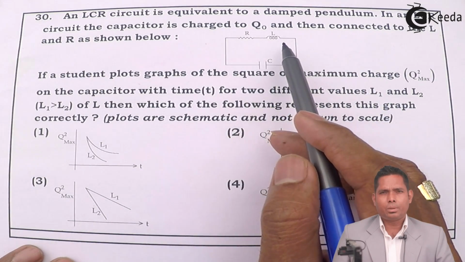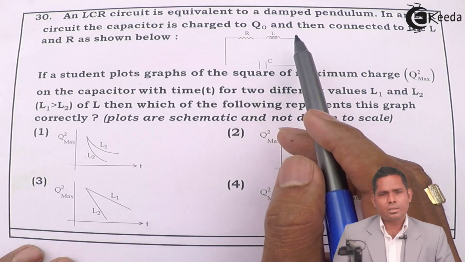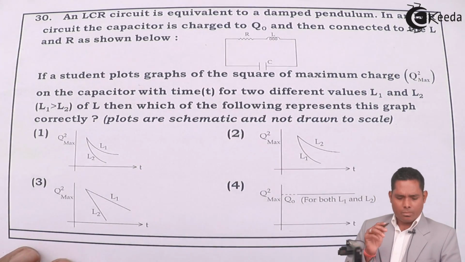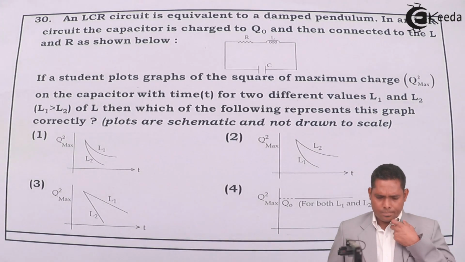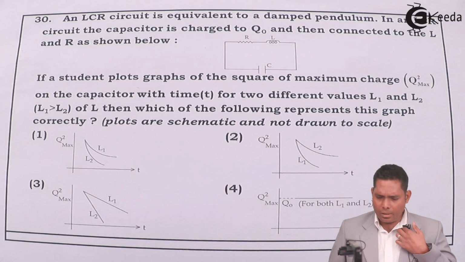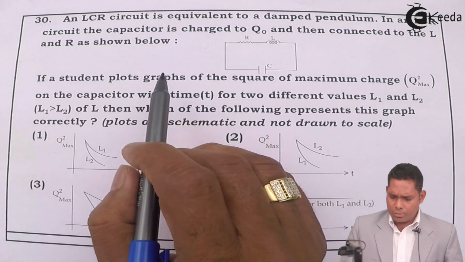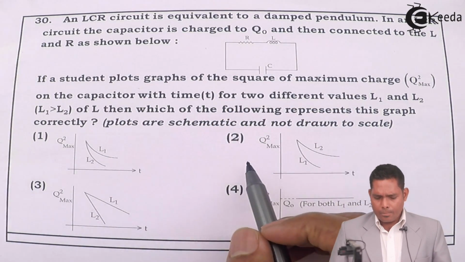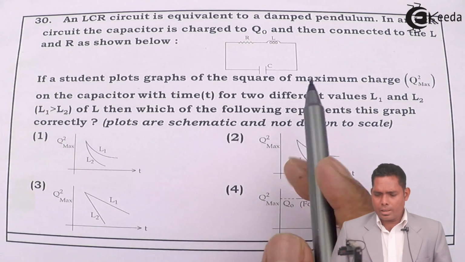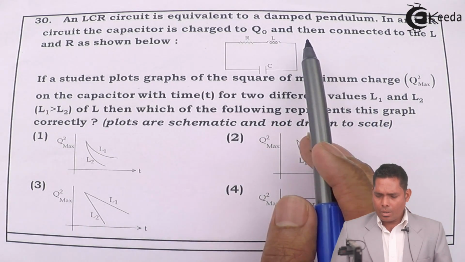But because of the air resistance, the motion of the pendulum comes to a halt. Similarly, in this circuit the resistance dissipates the energy, and that also is like damped oscillation.